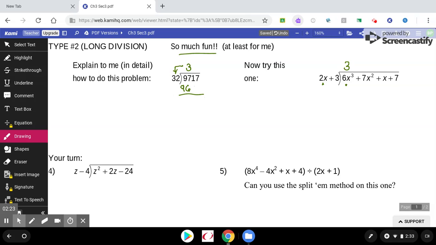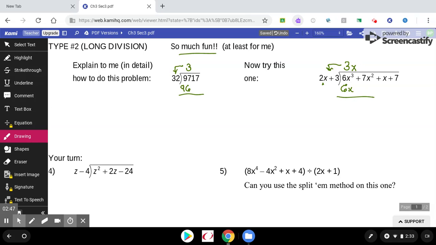Same kind of concept over here on this other problem. I want to go 3 times both of those. So 3 times 2x is 6x, but they wouldn't match. When I go to subtract down, I can't subtract a 6x to the third and a 6x. So this 3 up here has to have some x's with it.